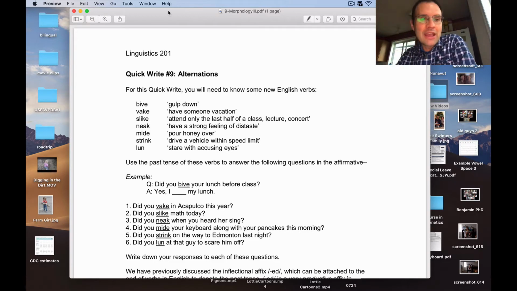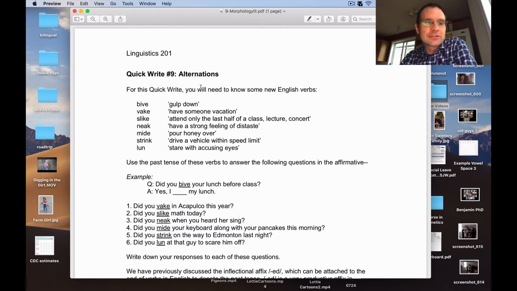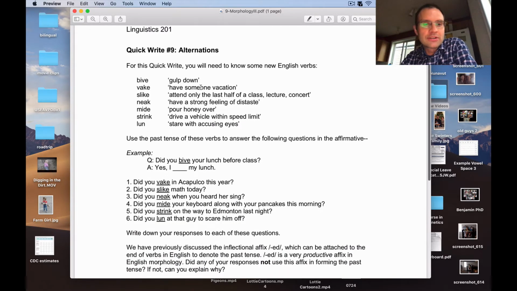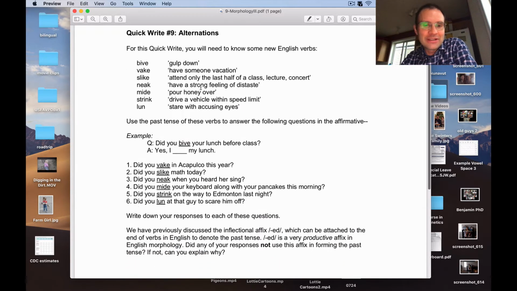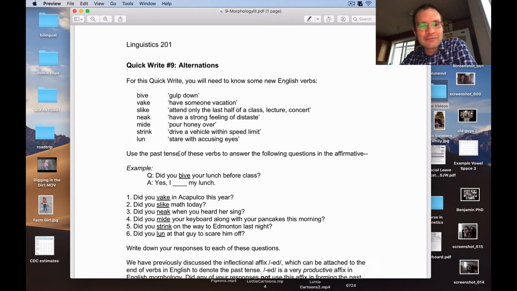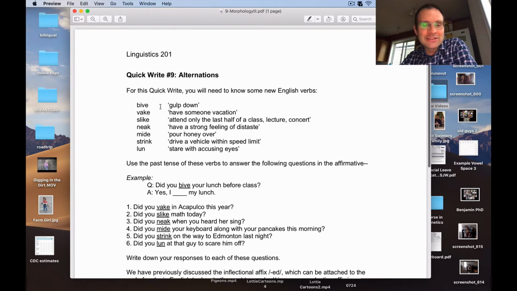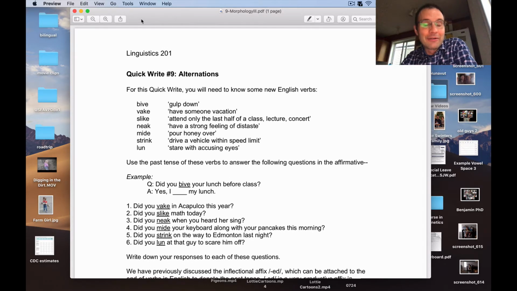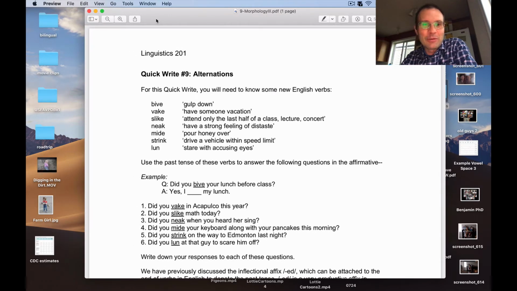But be that as it may, in this quick write, I've given you some made-up words, new verbs in English, and what I want you to do is put these verbs in the past tense and see what you come up with without saying anything more about them. In the old days, I used to have people work with a partner with this quick write and ask them specific questions, which they would answer orally.